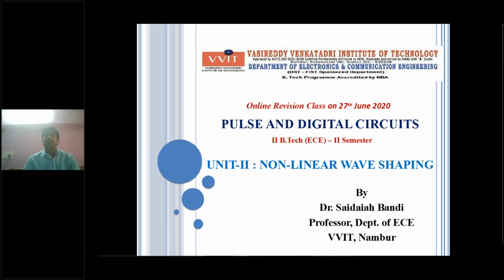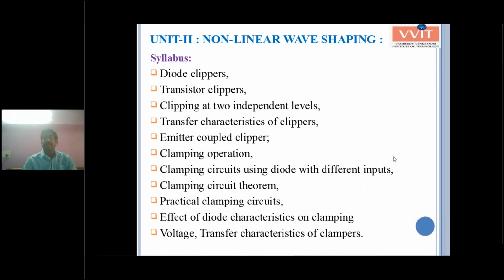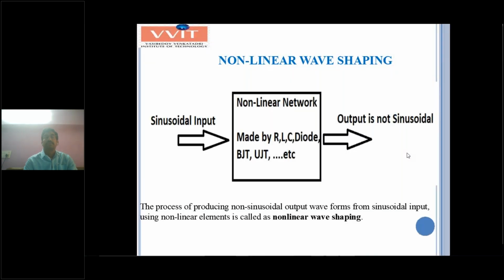Now we are going to the non-linear wave shaping circuits. Within this, the circuit elements are non-linear elements and passive elements, RLC. So these are RLC circuits together with a non-linear device like diodes or transistors.